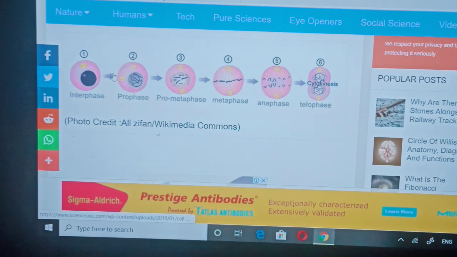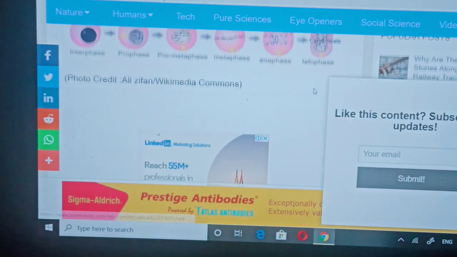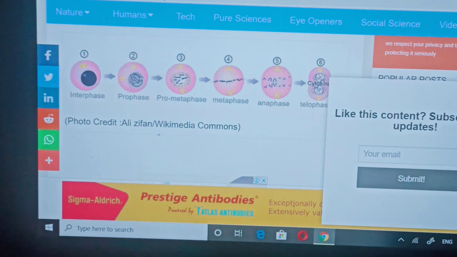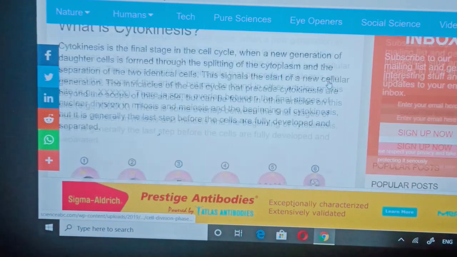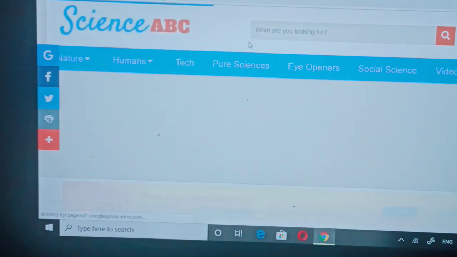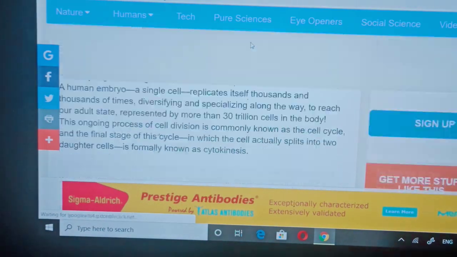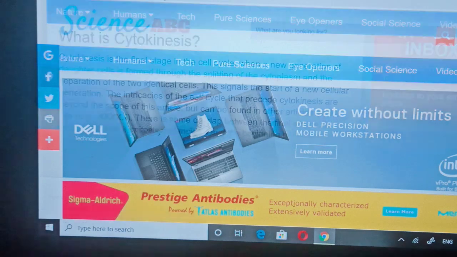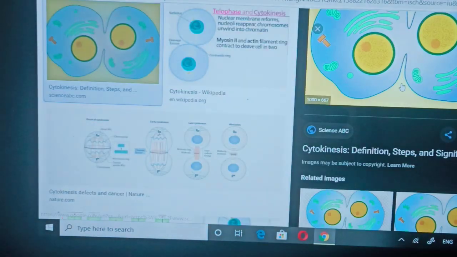Now when the cell goes from the prophase to the metaphase to the anaphase, it elongates, it becomes long, and in this situation the cytokinesis process takes place, and that cytokinesis is a cutting down, making two different daughter cells. That is how you see the picture here. It looks somewhat like this cutting.